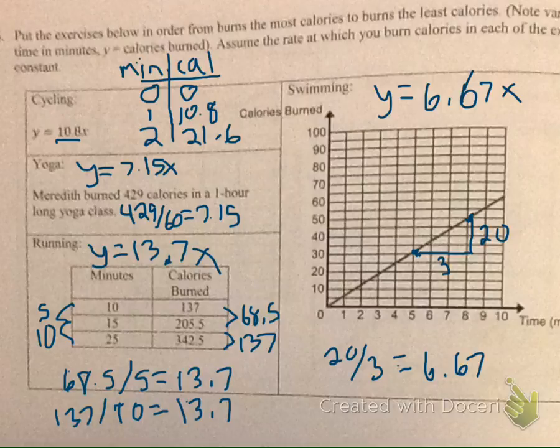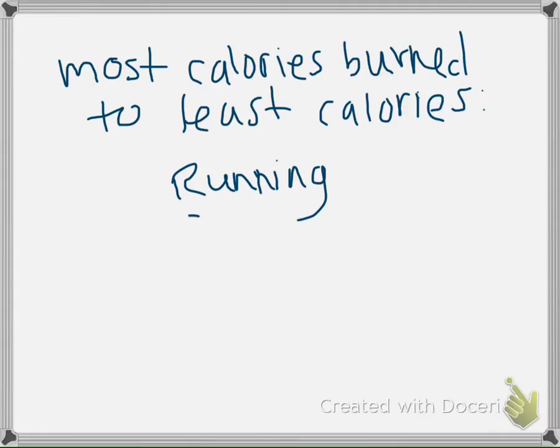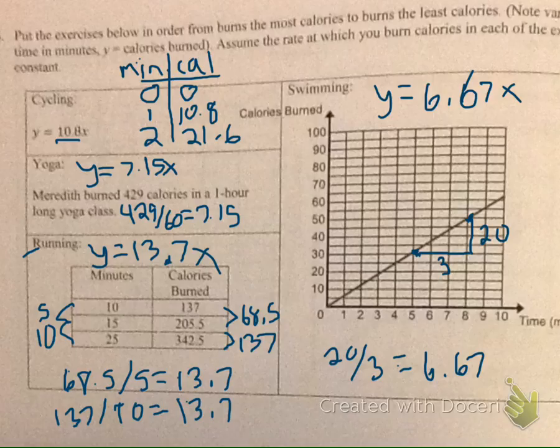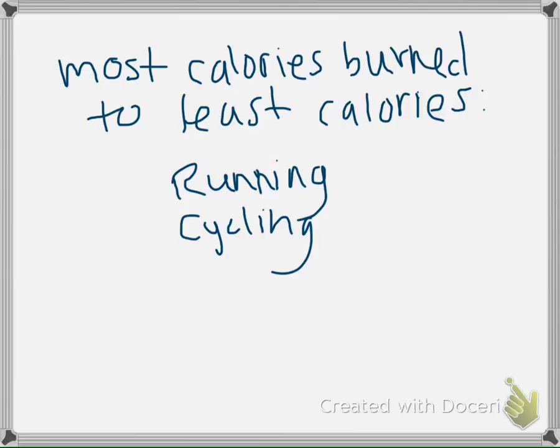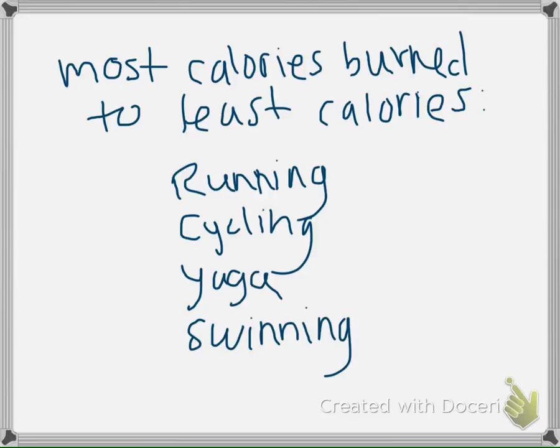And then the next highest number would be 10.8 with the cycling, or bike riding. Okay, next highest number would be yoga at 7.15, which leaves the last would be swimming. So I put them in order from burning the most calories per minute to burning the least calories per minute.